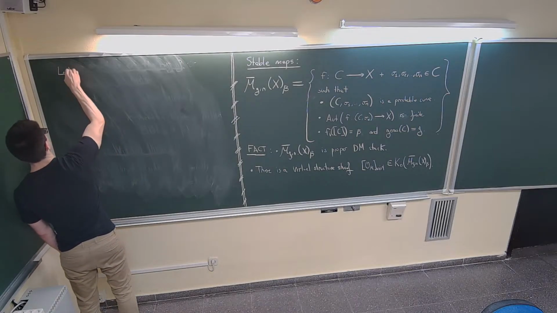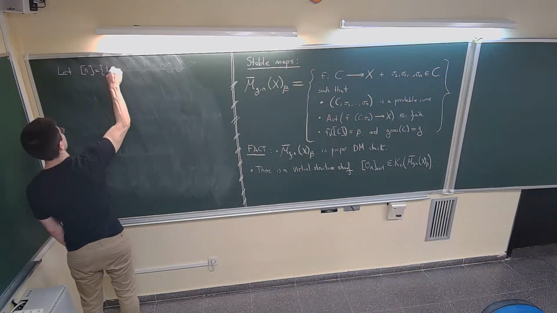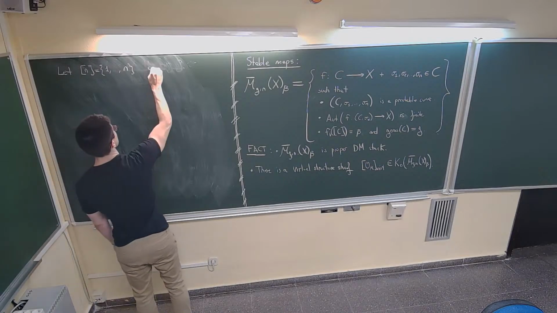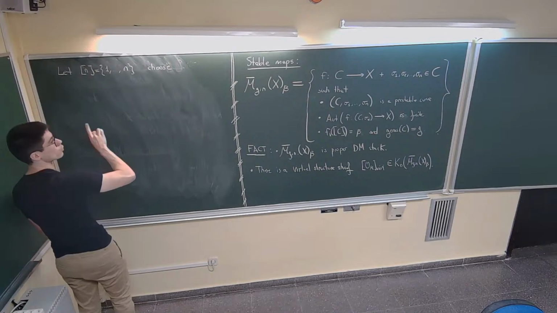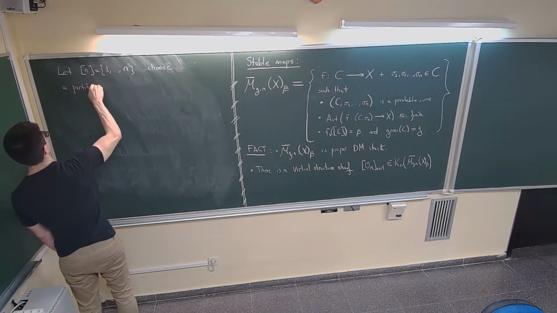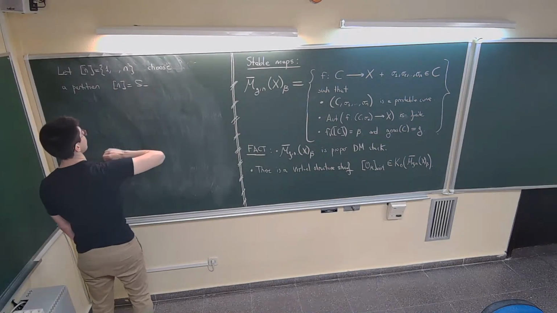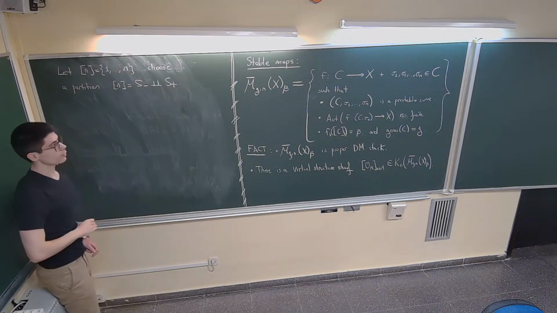I'm going to take N to be the set 1 through N, and I'm going to choose some partition into 2 pieces. I'm going to use minus for the inputs and plus for the outputs.